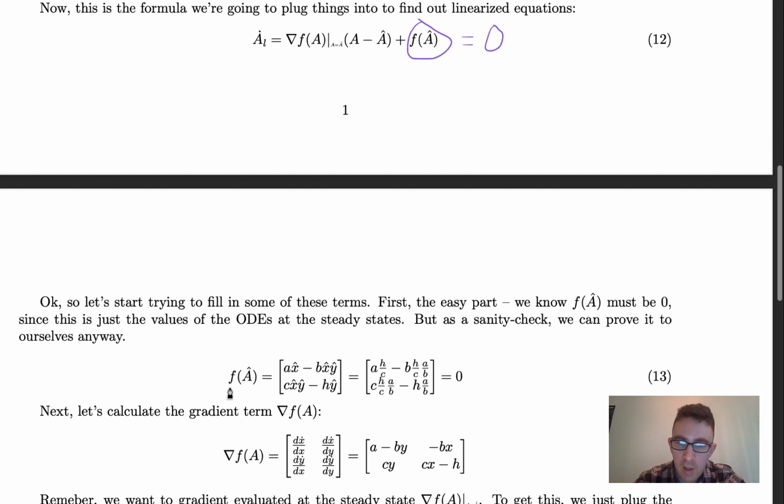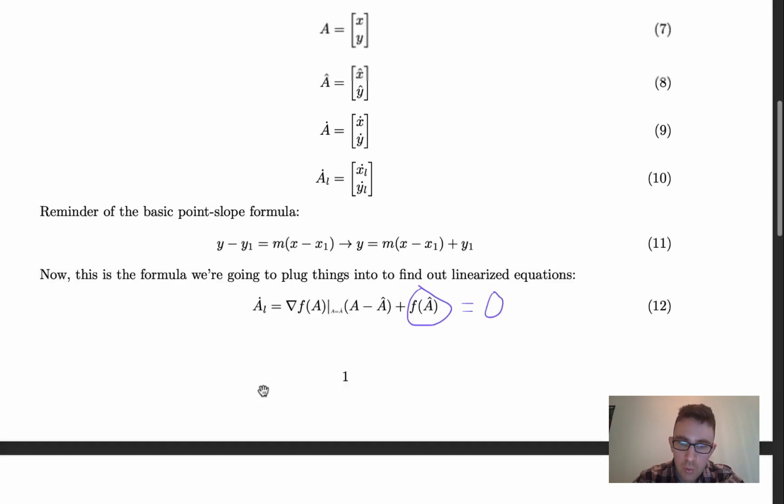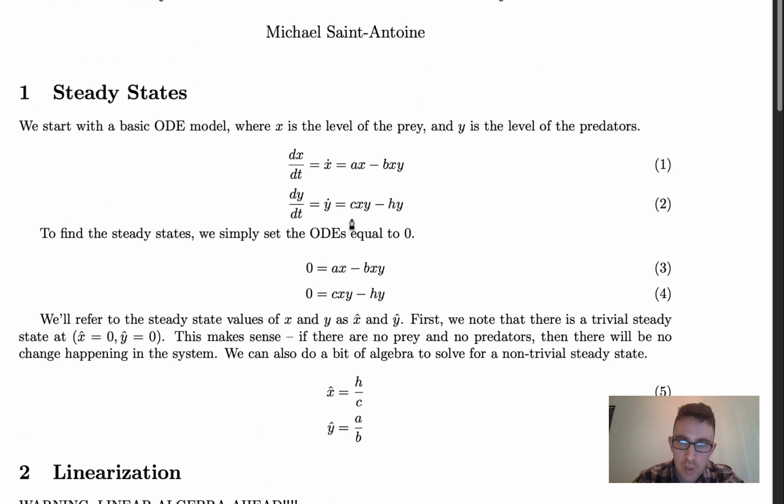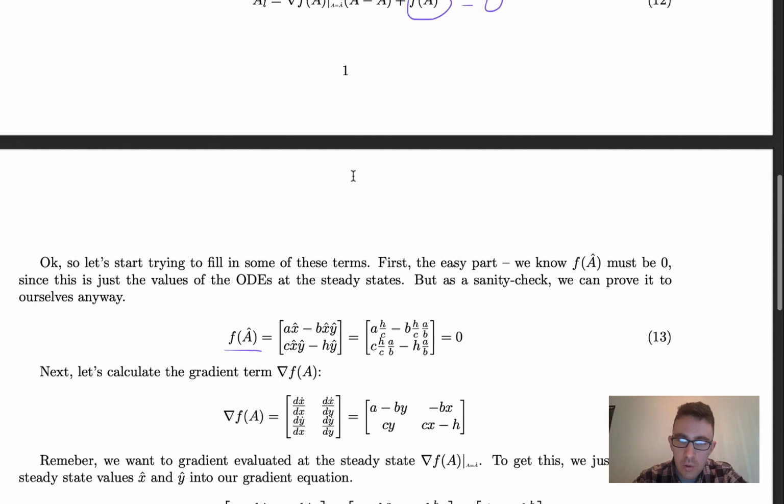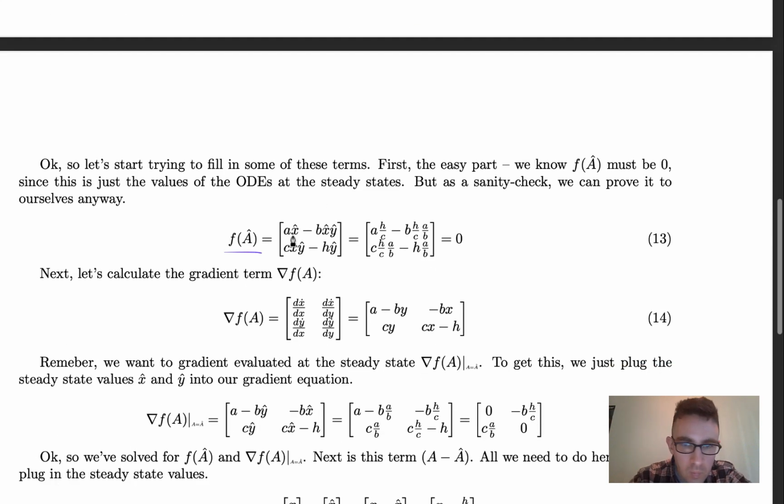So like I said, all we're doing to find this term is taking our original system of ODEs here, and plugging in our equilibrium points. So we're plugging our x hat and y hat values into this system of ODEs. All I did here is change x and y to x hat and y hat.